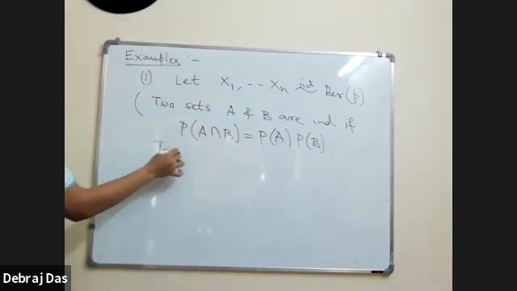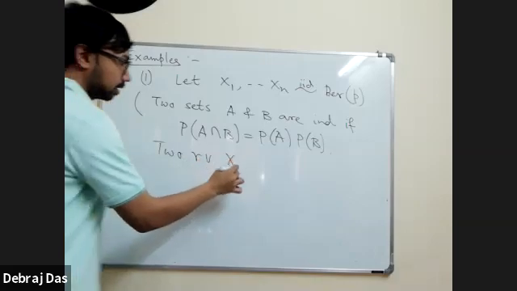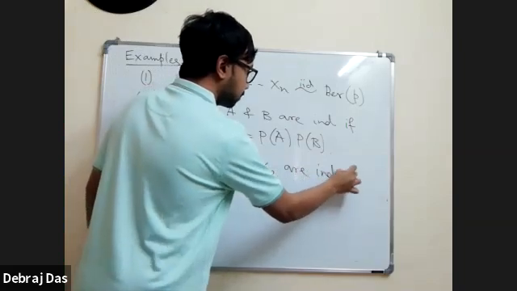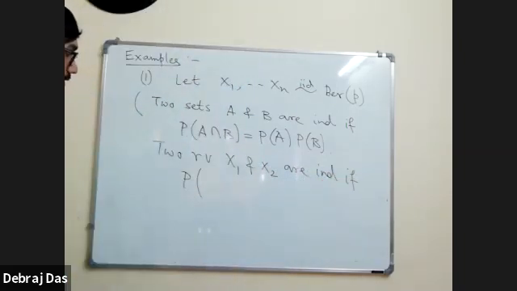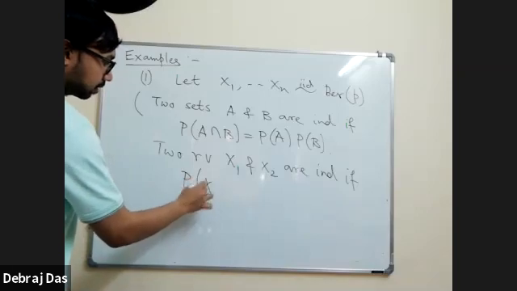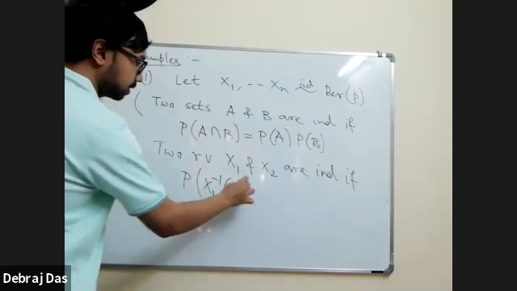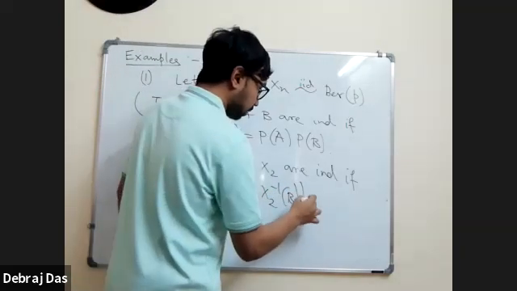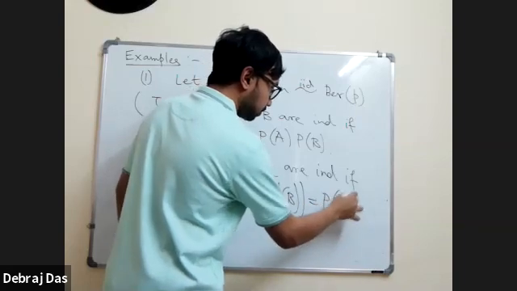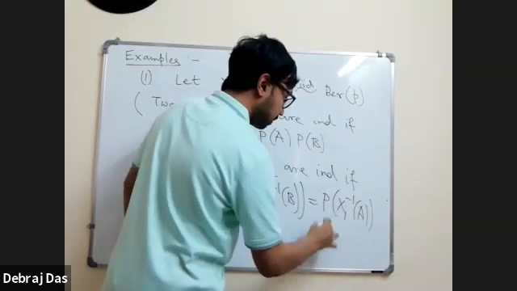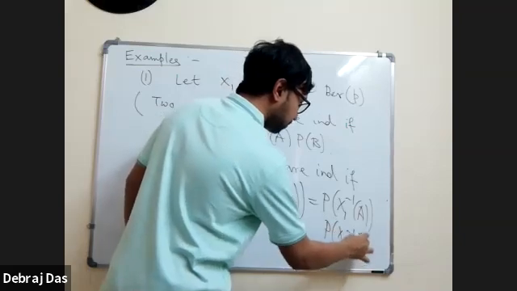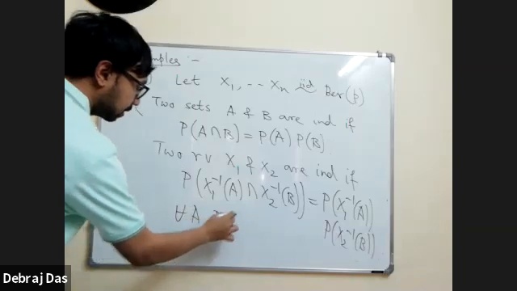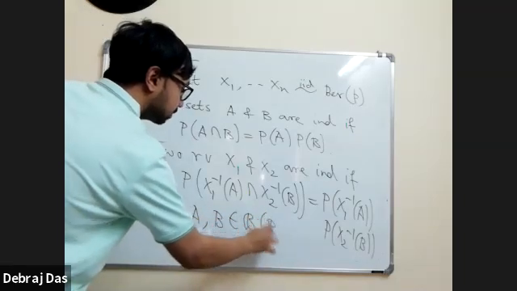So now to random variables. X1 and X2 are independent if probability of X1 inverse of A intersection X2 inverse of B is simply probability of X1 inverse of A times probability of X2 inverse of B, for all A, B belonging to the Borel sigma algebra.